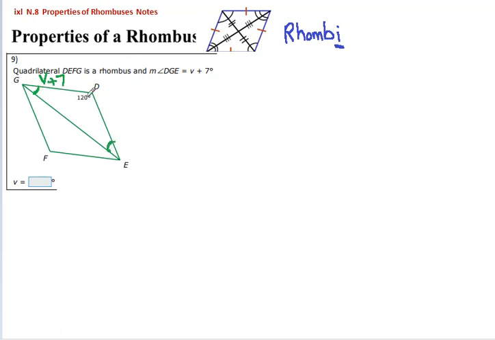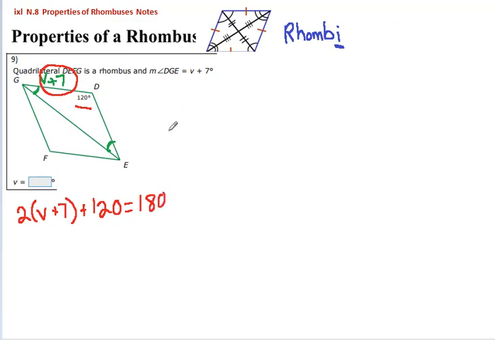So we can set up our equation to be able to figure out what V is. So we actually have 2 of these. So I have 2 V plus 7s. And adding in that 120 degrees. That should total how many degrees? Right, 180.